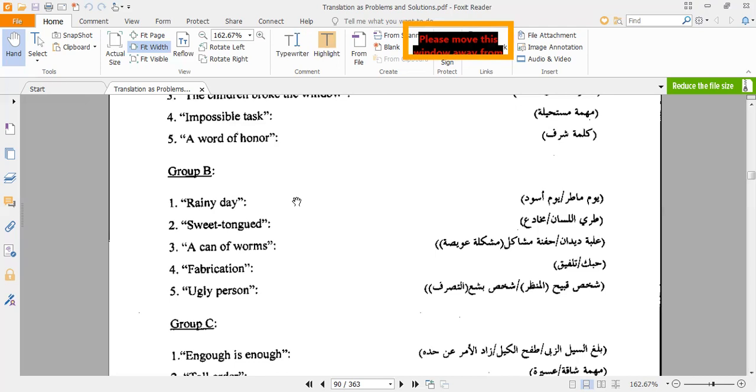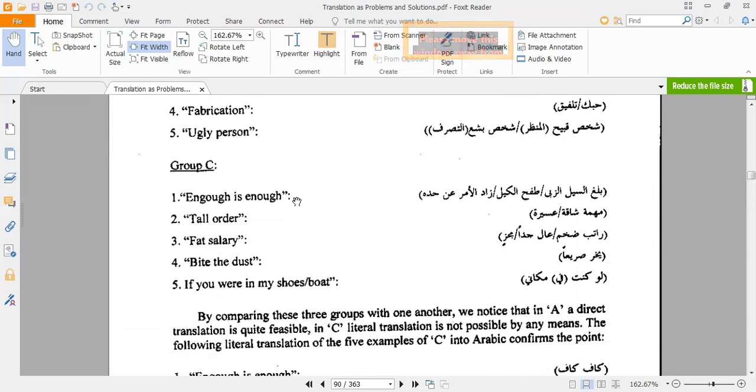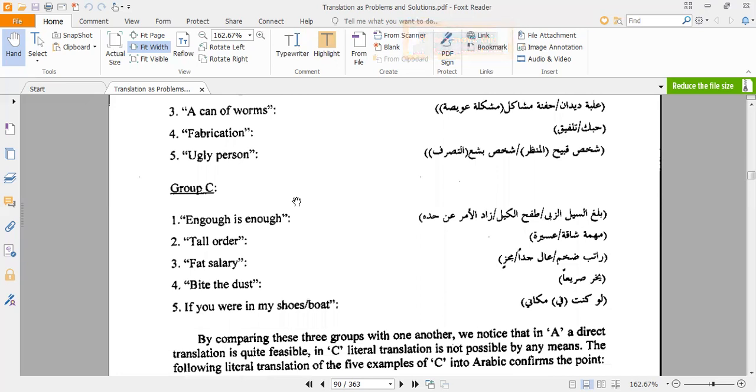As translators, we rely on the context to determine if an expression is used literally or metaphorically. Okay. If I say "ugly person", it may really be an ugly person, or I may mean his behavior is vulgar or unpleasant. So here I have a metaphorical sense and a non-metaphorical sense.